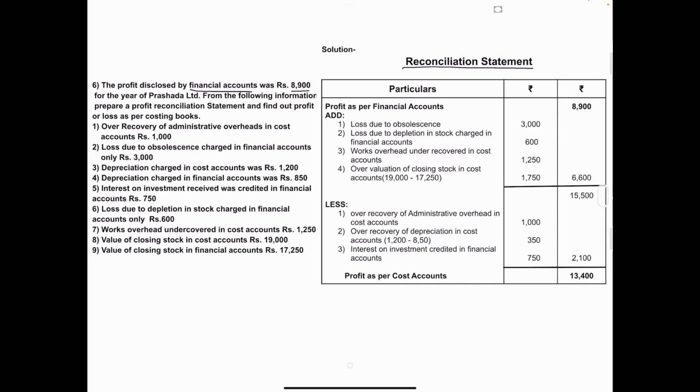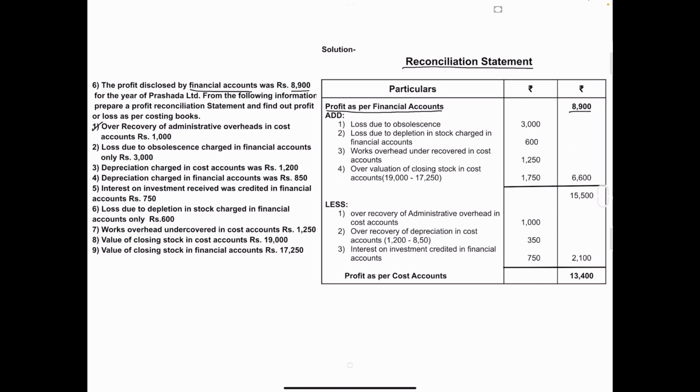Reconciliation statement, and the columns: particulars, amount. First we have to write the profit as per financial accounts and the amount 8,900 in the outer column. Now we'll see the items one by one. Number 1, over recovery of administrative overhead in cost accounts.